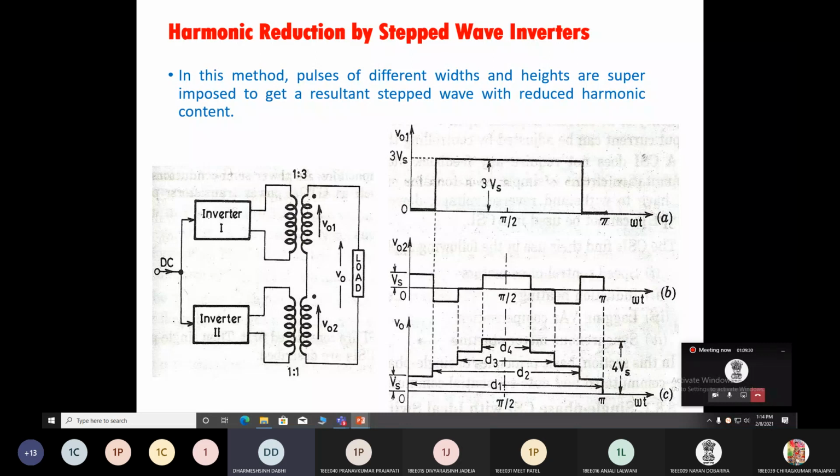After that, you use the filter circuit only to reduce the higher order harmonics. So the size of the filter is small, and the overall size of your inverter becomes very compact and less costly.